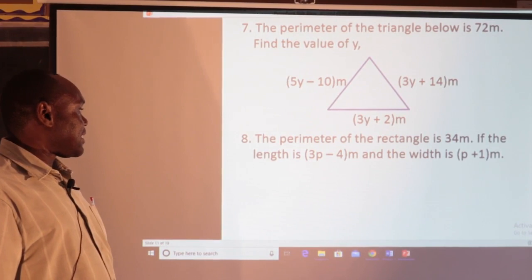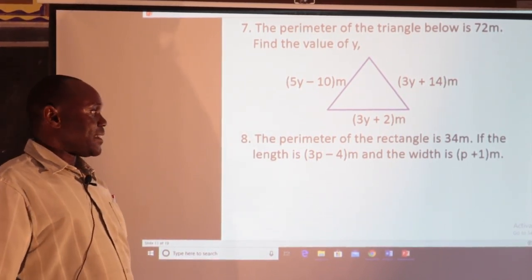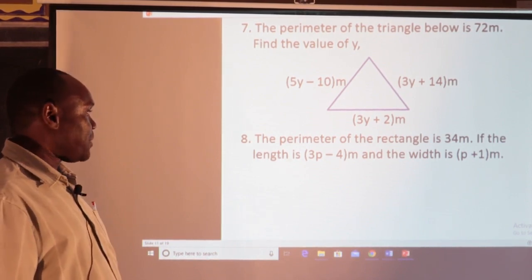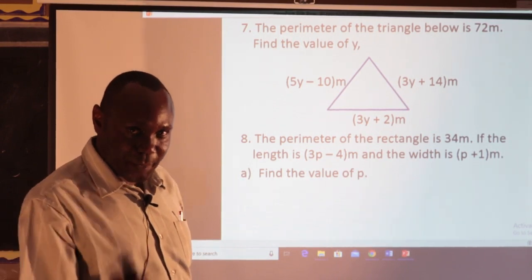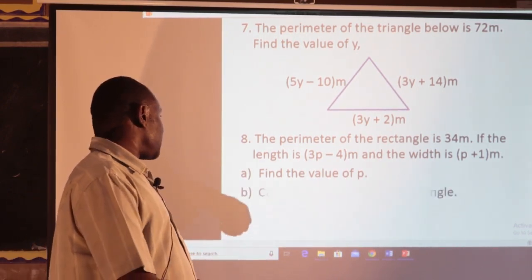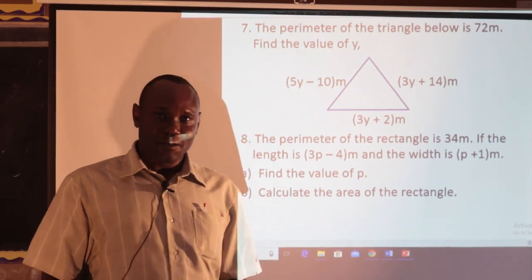If the length is 3p minus 4 meters and the width is p plus 1 meters, what's the equation saying? Find the value of p. Question D, calculate the area of the rectangle.